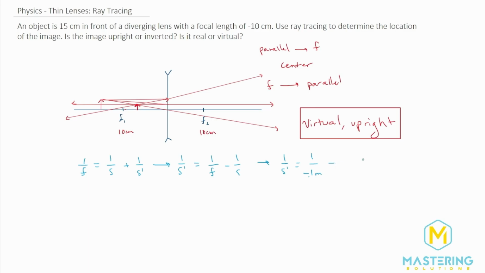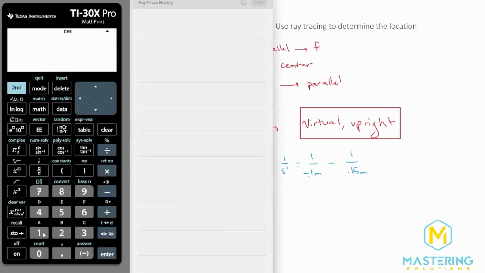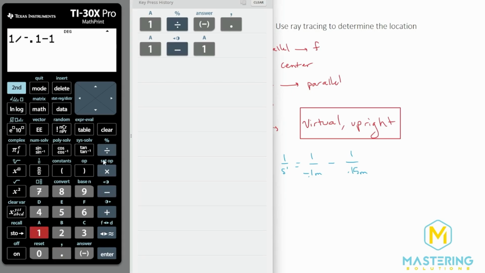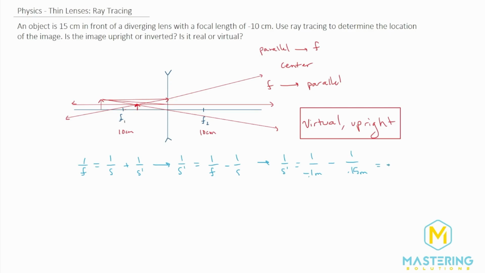And then we're going to minus 1 over the object distance, which we said was 15 centimeters, so 0.15 meters. We have 1 over negative 0.1 minus 1 divided by 0.15, and that gives us negative 16.67, and the units are diopters for lenses.